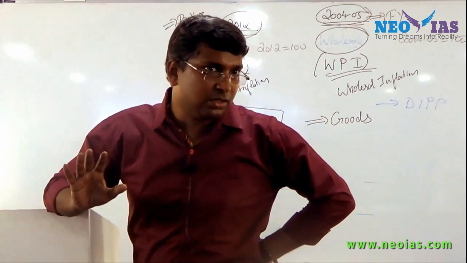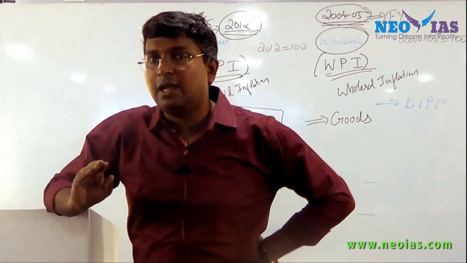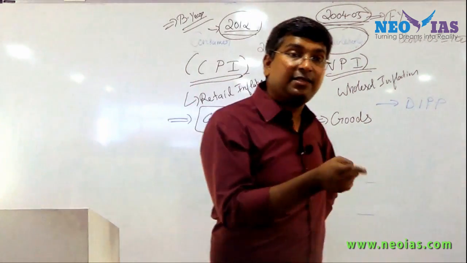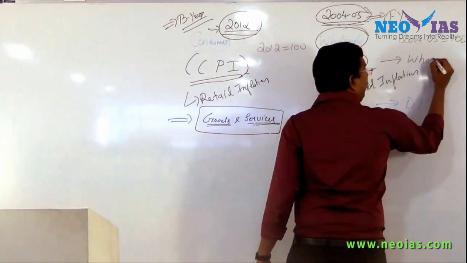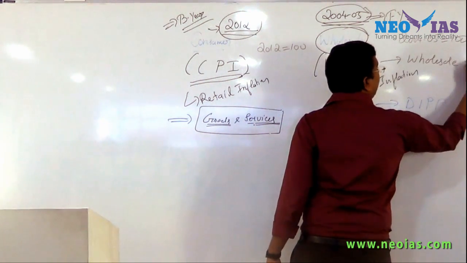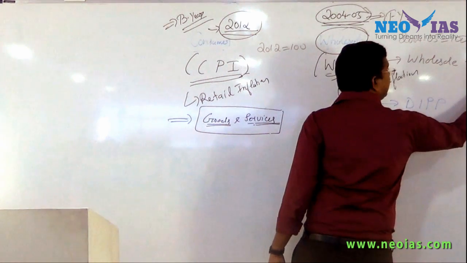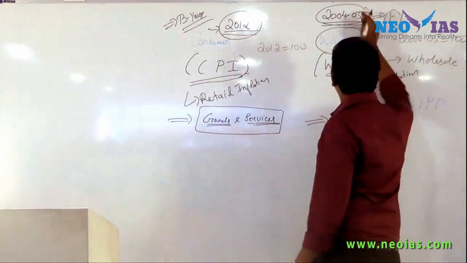Now things have changed. For the time being, try to understand that the wholesale price index is calculated based on wholesale transactions. The weightage is given based on the wholesale transactions. Imagine that the government is going to revise the base year, as I told you.